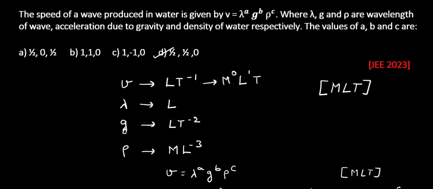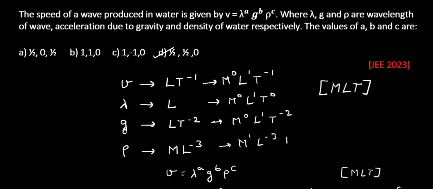If a term is not given, it means it has the power 0. Here also M power 0, L power 1 and T power 0. And here it is M power 0, L power 1 and T power minus 2. Here we have mass, so M power 1, L power minus 3, and the time term is not given, so it is T power 0.